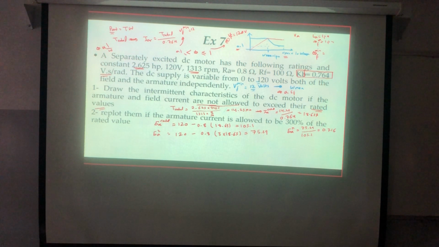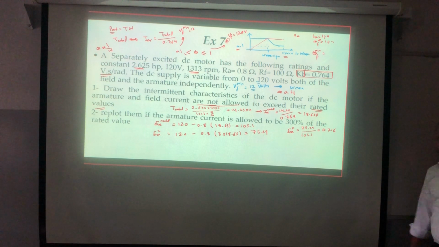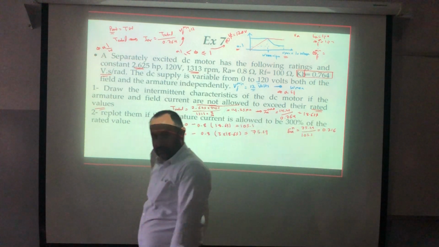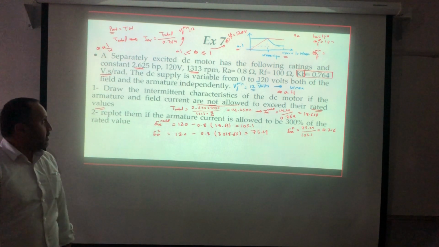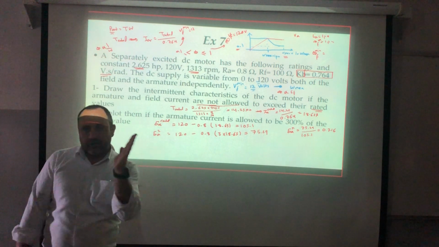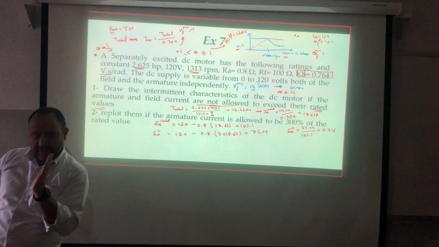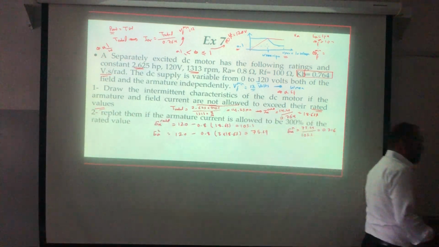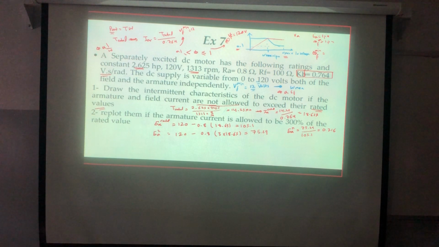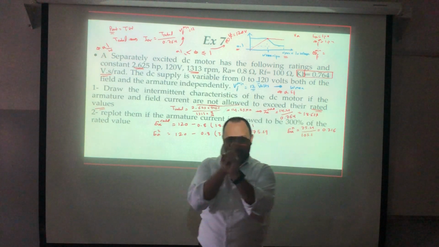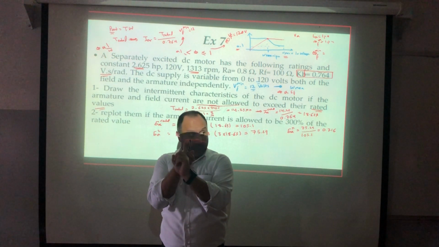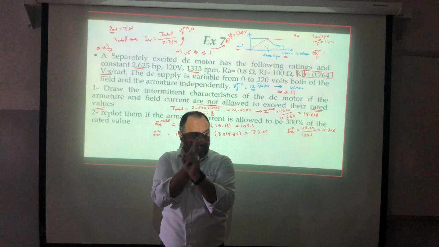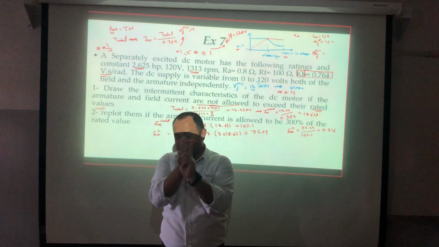Who can give me omega base equal to what? Remember, the speed before switching and the speed after switching are the same, which means that I'm speaking about this point. Roughly speaking, I'm at two curves: the end of the constant torque and the start of the constant power, which is the same point.